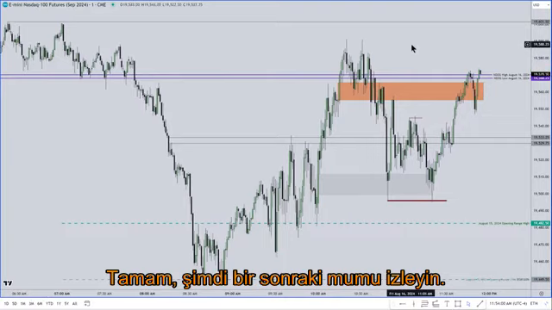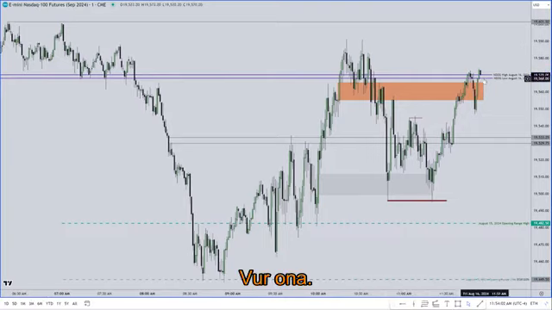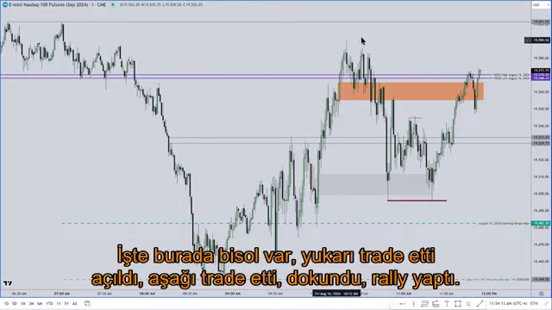All right, now watch the next candle. We hit it. Right here is where there's buy side.